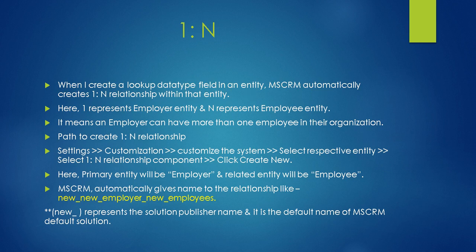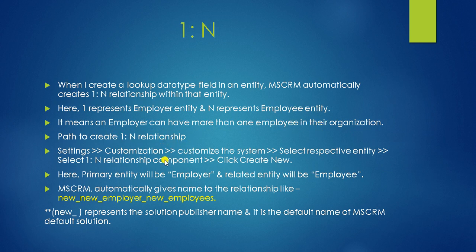So for creating 1:n relationship, I can create through relationship component of an entity, or I can create this relationship using lookup data type field. Here the one part represents the employer entity and n represents the employee entity. I will show you using a MSCRM interface. Employer can have more than one employee in their organization.